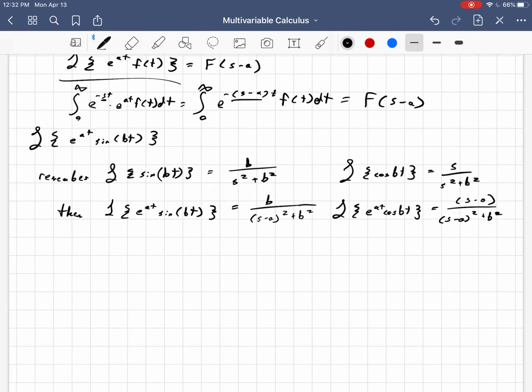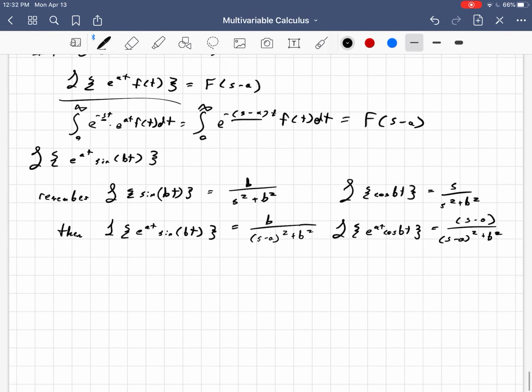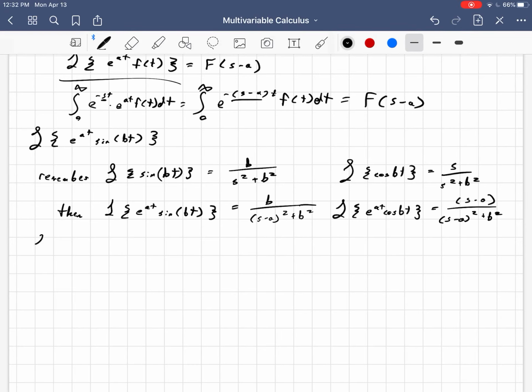So really, if you know just the Laplace transform of e to the at, sine of bt, cosine of bt, and t to the n, you can get a lot of Laplace transforms from this basic property.